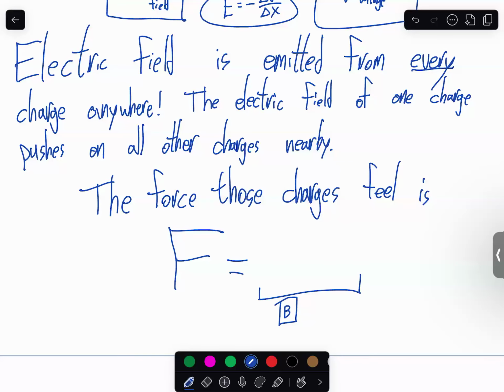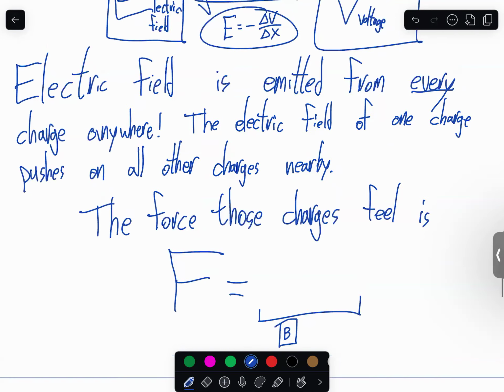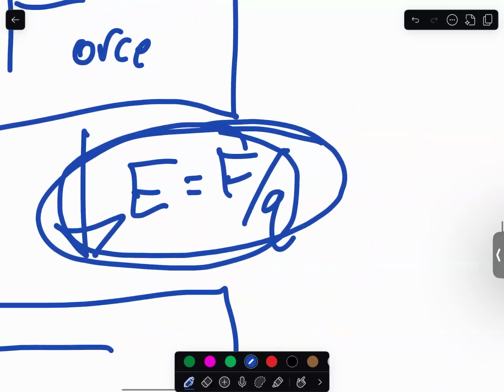Tell them what thing you do to both sides of the previous equation to solve for force. Check each other before you wreck each other. Solve for force.